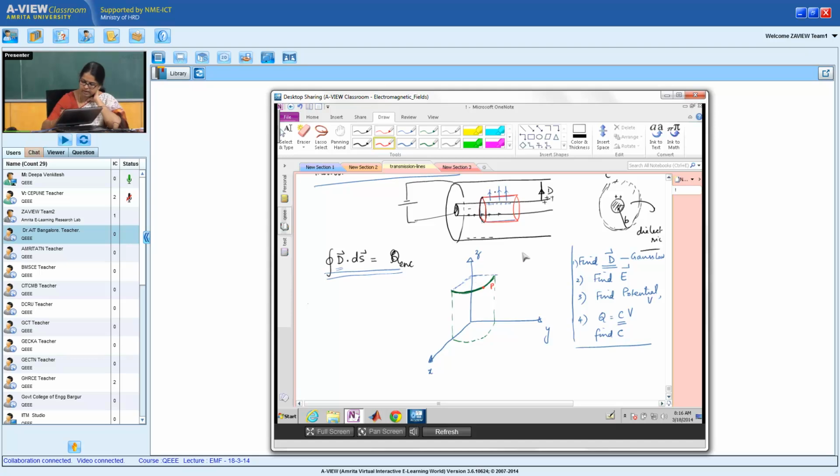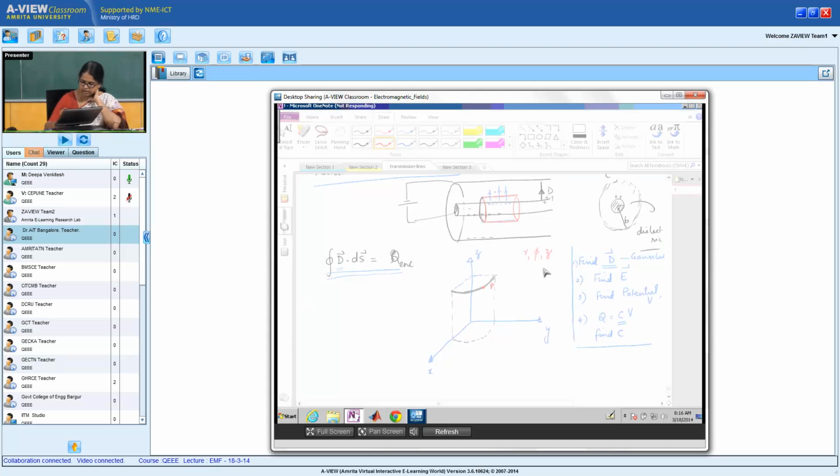Three unique coordinates are R, phi, Z. So the height of this point from the origin is defined as the Z coordinate.